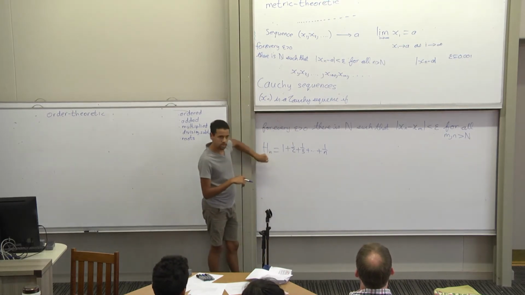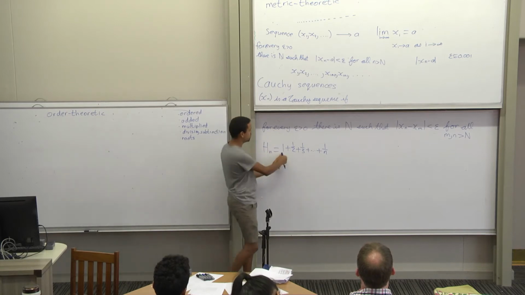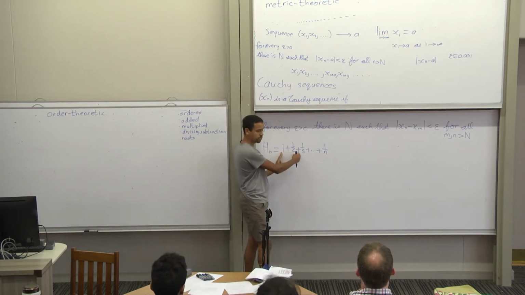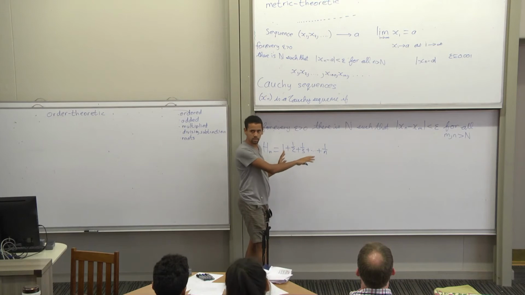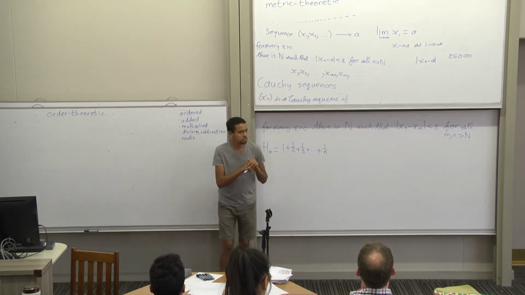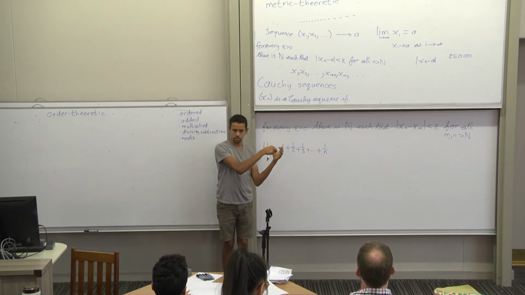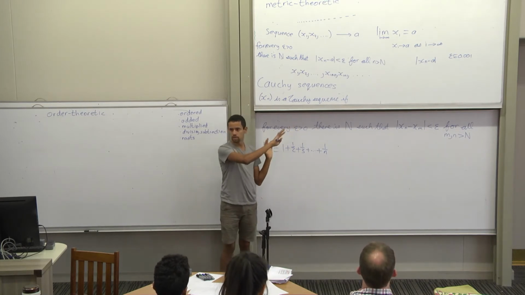So we can consider this as a sequence of numbers. The first one is 1, the second one is 1 plus a half, third one is 1 plus a half plus a third, and so on. We get a sequence of numbers. And you would possibly have heard that the harmonic series goes to infinity. It doesn't actually tend towards some value, it keeps on growing to infinity.